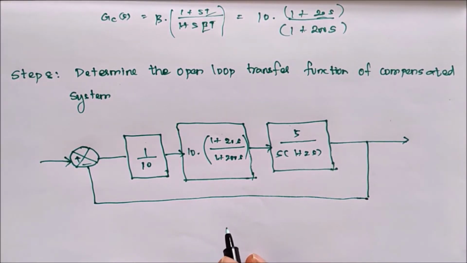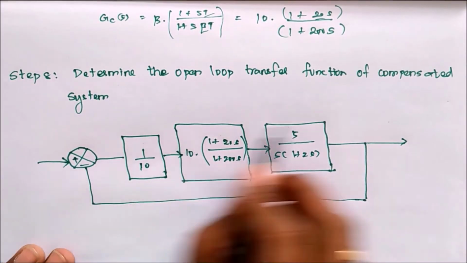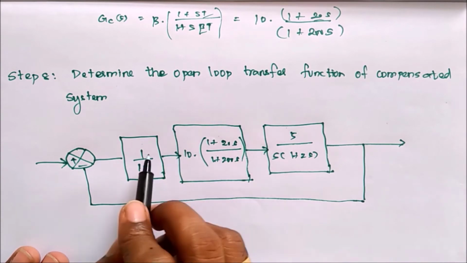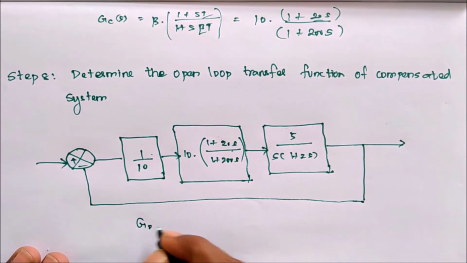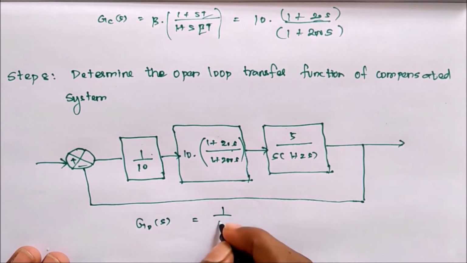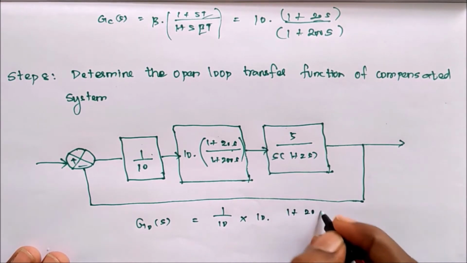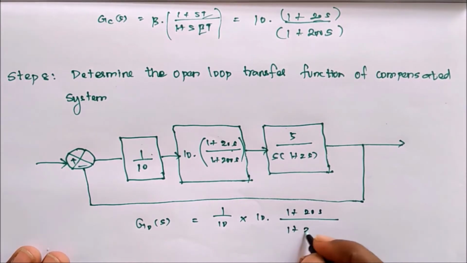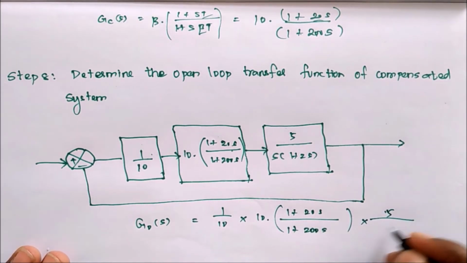Open loop transfer function means we have to multiply these three blocks. So G0 of s equals 1 by 10 into 1 plus 20s divided by 1 plus 200s, into 5 divided by s into 1 plus 2s.